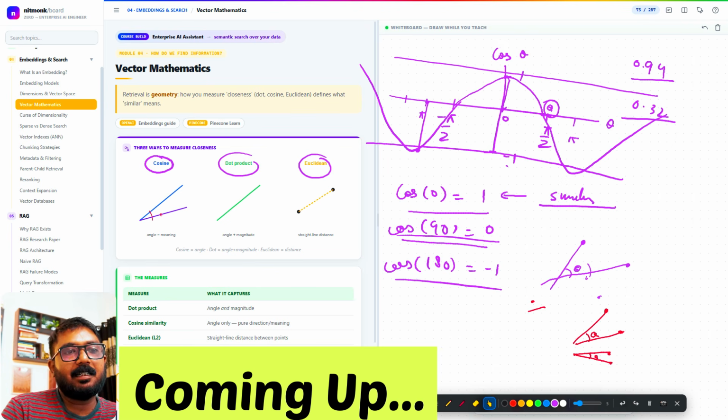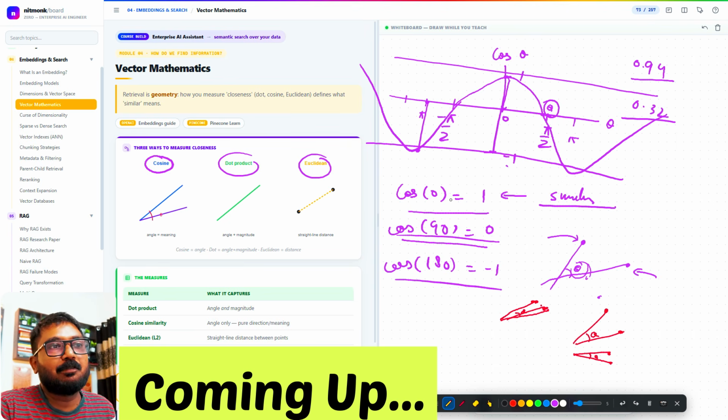As soon as the theta decreases, they get closer and closer, and that's what we need. We try to understand where these embeddings are sitting in the vector space, and if theta goes lower, then we understand that they are closer and more similar, and that's where these values come from.